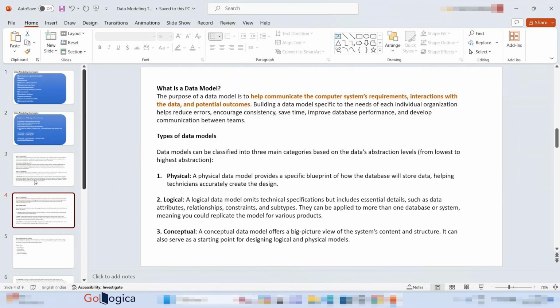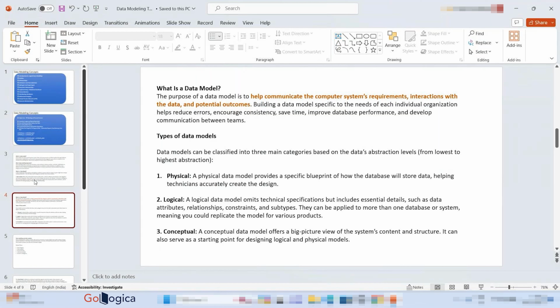So the second part is the logical model that we already discussed, in which we discuss all the technical stuff like the data, attributes, relationships, constraints, supertypes and subtypes, and how we are going to manage the data in one database system or more than one database system.